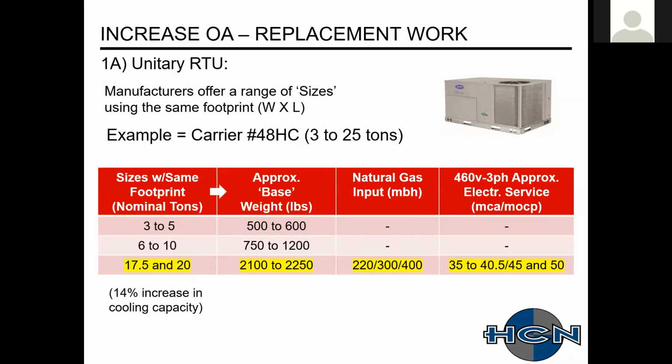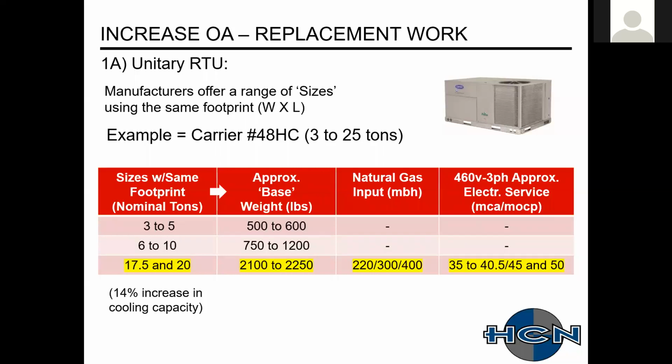So the 3, 4, and 5 were the same, 6 through 10 were the same, and then I just wanted to highlight the 17 as well as 20-ton Carrier HC rooftop systems. These had the same footprint. If you had a 17.5-ton unit and changed it to a 20, you'd be able to realize a 14% increase in capacity.